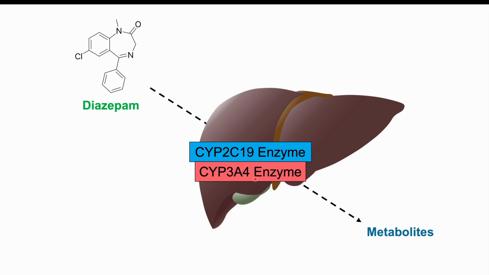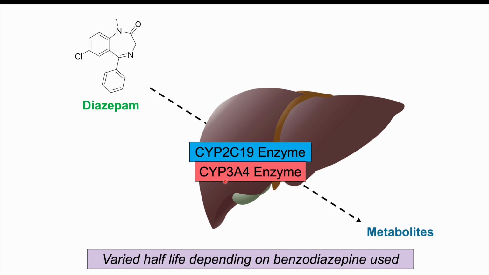And those enzymes will metabolize diazepam into its metabolites, and they will essentially be excreted in the urine. Now, other benzodiazepines like Alprazolam and Metabolism are going to be mostly metabolized by CYP3A4 enzyme, not CYP2C19, whereas Lorazepam will have an even different mechanism of metabolism.